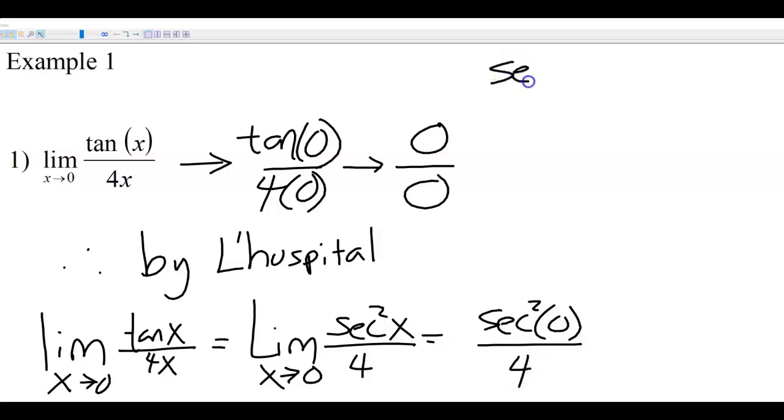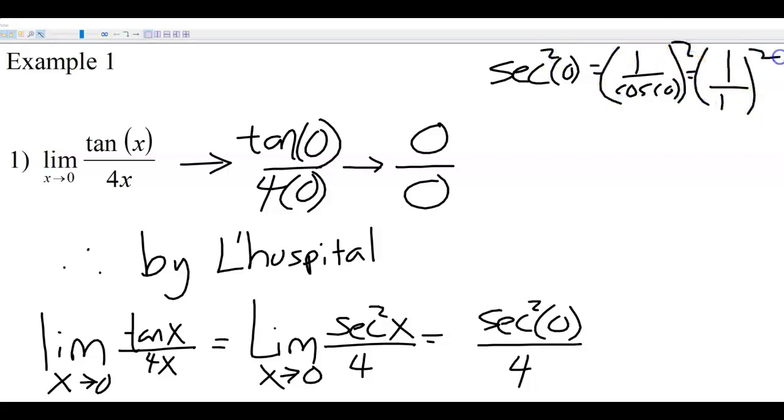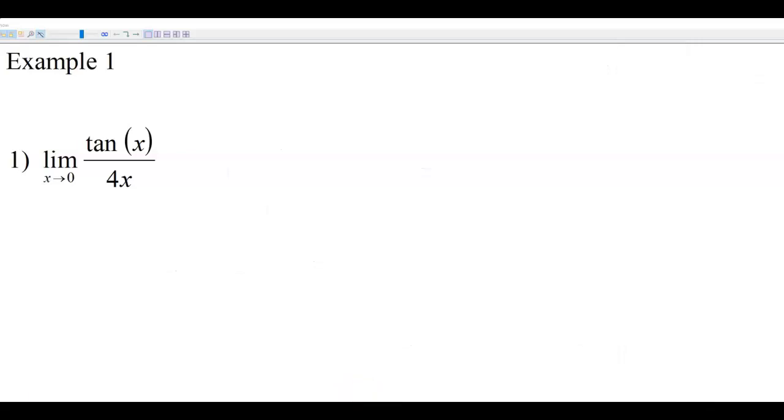Now, in case you guys forgot, secant of 0 is the same thing as 1 over cosine of 0, and cosine of 0 is 1. So we end up with 1 over 1. And if we're going to square this, we still end up with 1, so it doesn't matter. So the top is just going to be 1, and we end up with 1/4. Okay? All right, let's go ahead and check out another one here.